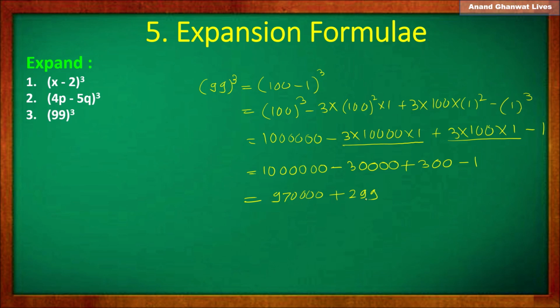So it is equal to 9,70,299. So in this way we have got the cube of 99 as 9,70,299. Okay. Next example.